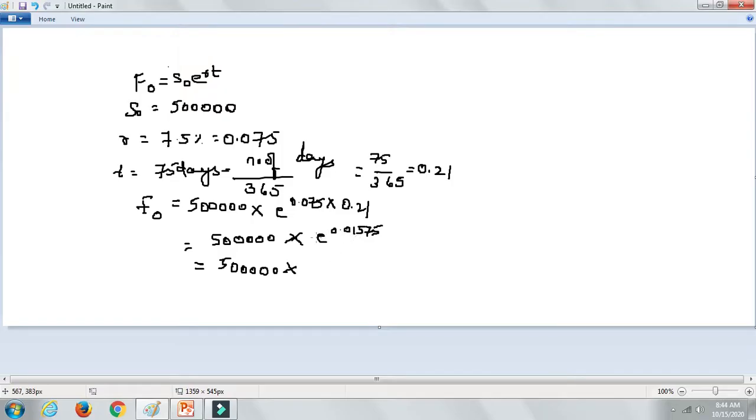The e power value, if you check the table, you are going to get 1.01574 something. If you calculate this, you are going to get 5,07,873 rupees. So this is the forward value that is to be calculated.